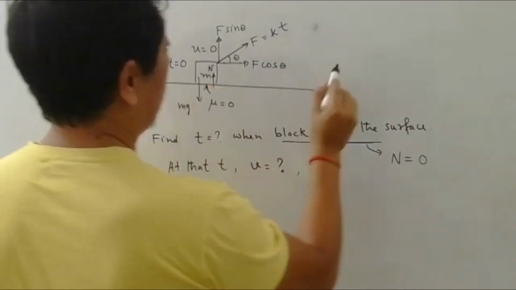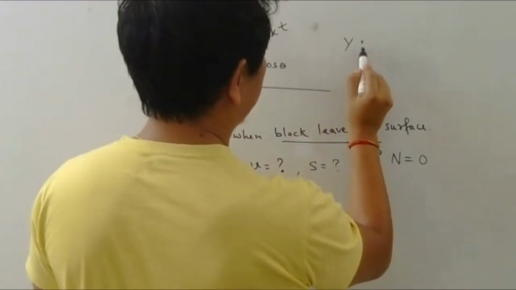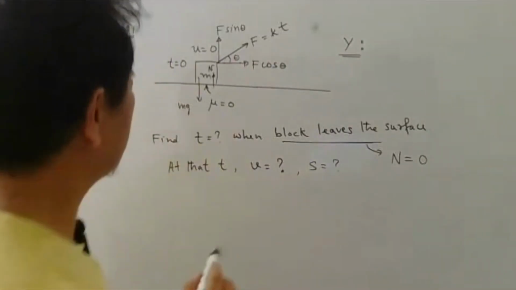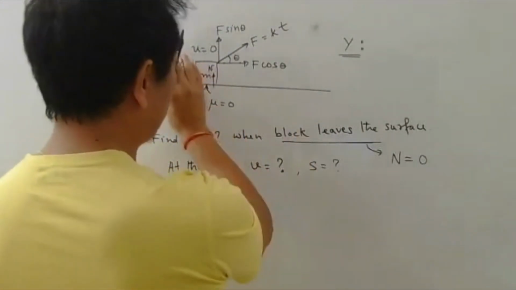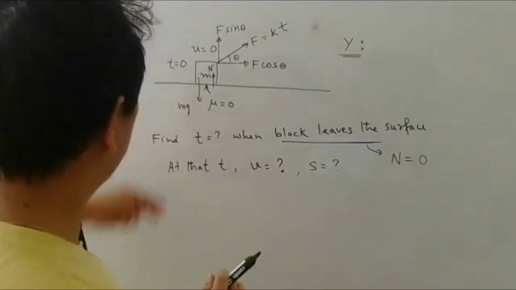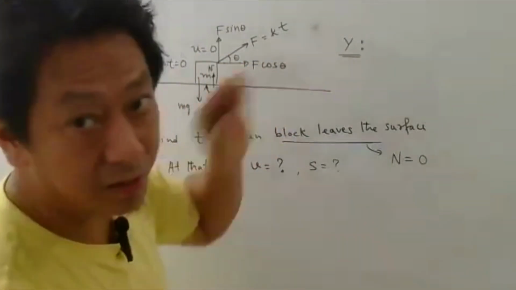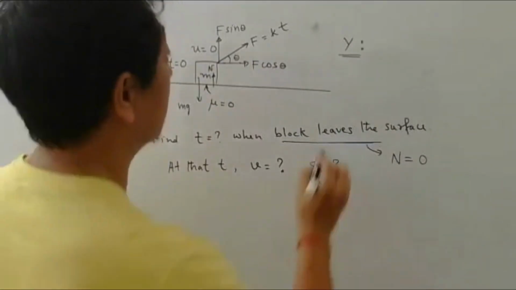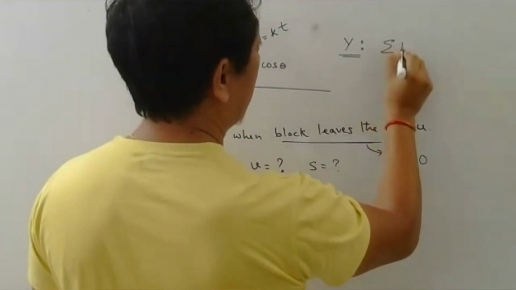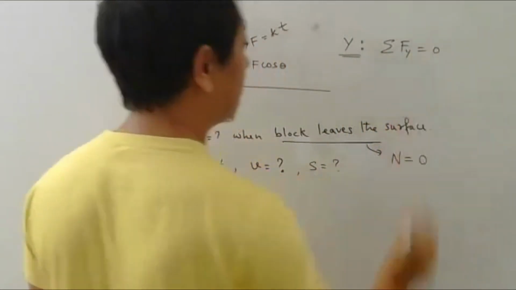Now along the y-axis, as long as it does not leave the surface, it will be moving parallel to the surface like this. So along the y-axis there will be no acceleration. So the net force along the y-axis should be 0.